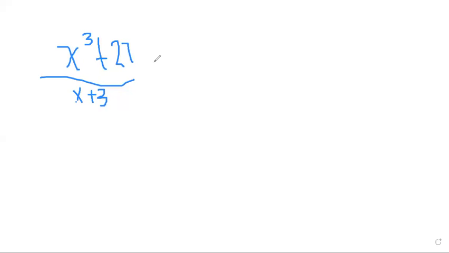Okay, now here, x cubed plus 27 over x plus 3. Now let's also put this in long division layout. And here is a special rule that you have to do, okay? Because when you look at the first degree that it starts off with, x cubed, from that point, you cannot skip and go directly to a constant.